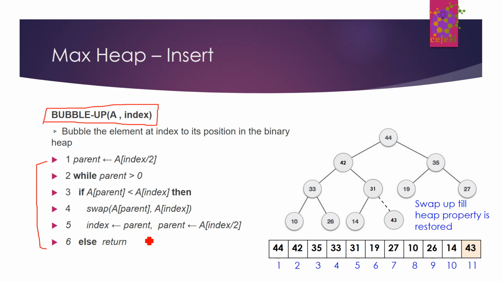First we swap 43 with 31, then we check with its parent again, and we keep doing it till its parents are smaller than itself. Once we restore it, we are done with the insertion. So insertion involves adding an element at the end and then doing bubble up.